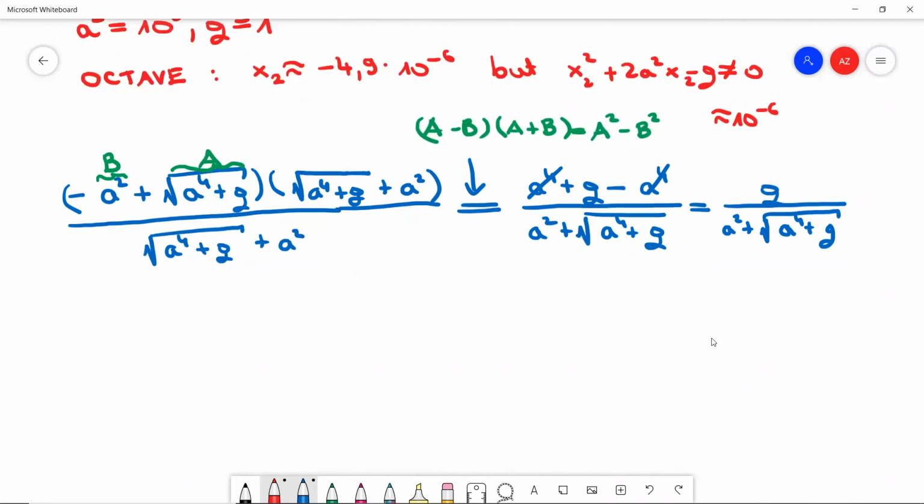So here, with this formula, the solution was much better.